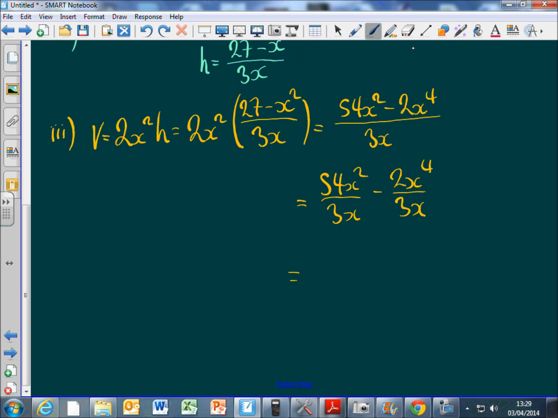I can take an x off the top and an x off the bottom, and I can do 54 divided by 3, which is 18. There's one x left on the top, so it's 18x. Then over here I can cancel an x off the bottom and an x off the top, and so I just get 18x minus 2/3 x cubed, which is what you're trying to show.